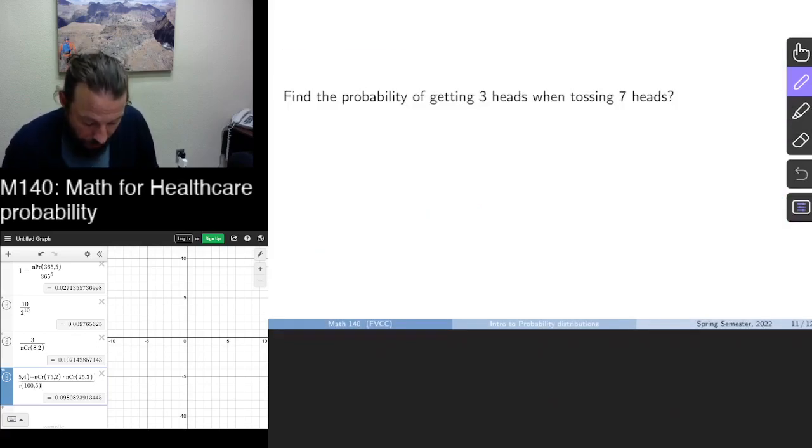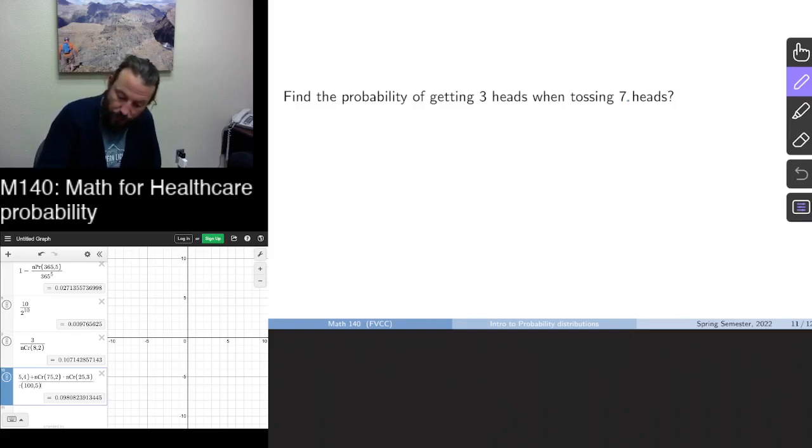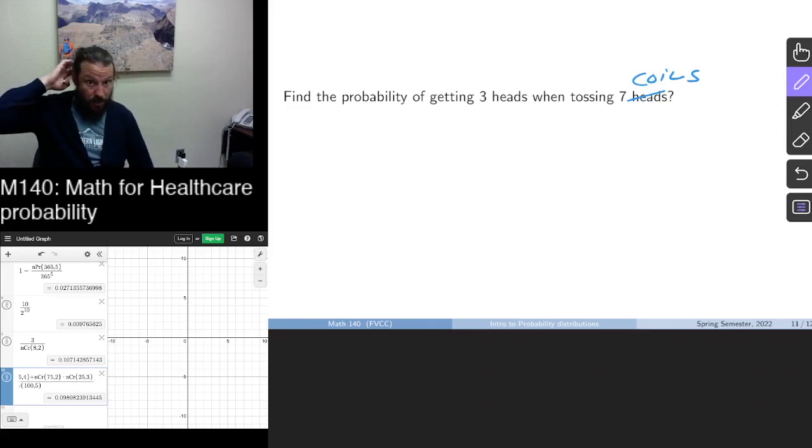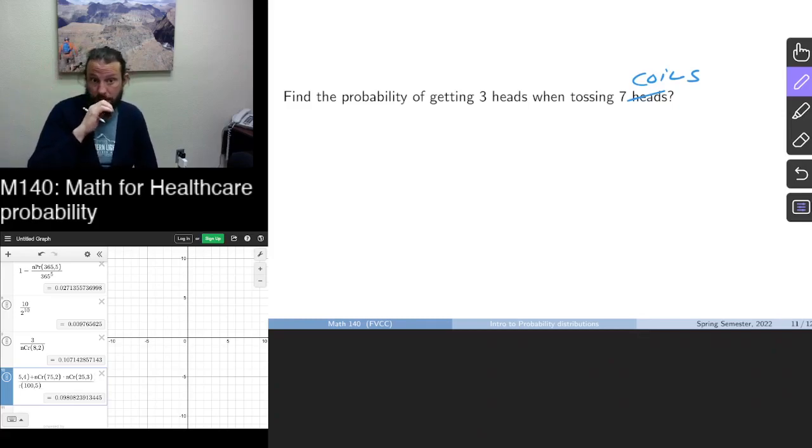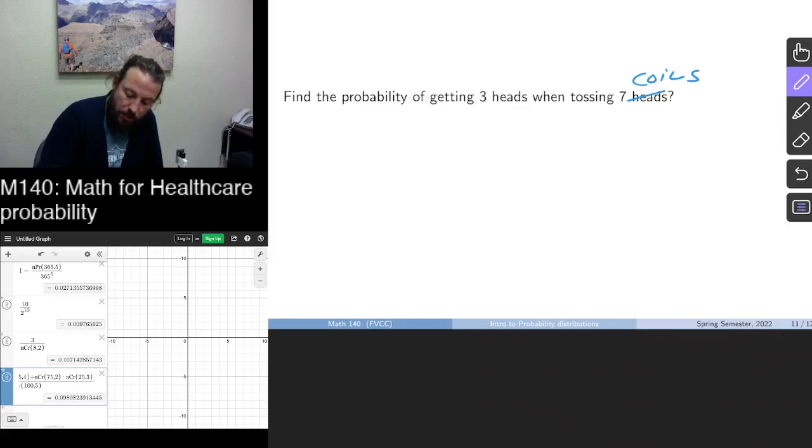Okay, find the probability of getting 3 heads when tossing 7 coins. Now we're back to a binomial problem again. Here, our sample space is, what do we got? 7 coins, so it's 2 to the 7th, right? And our numerator is going to be, which of those 7 are going to be heads?